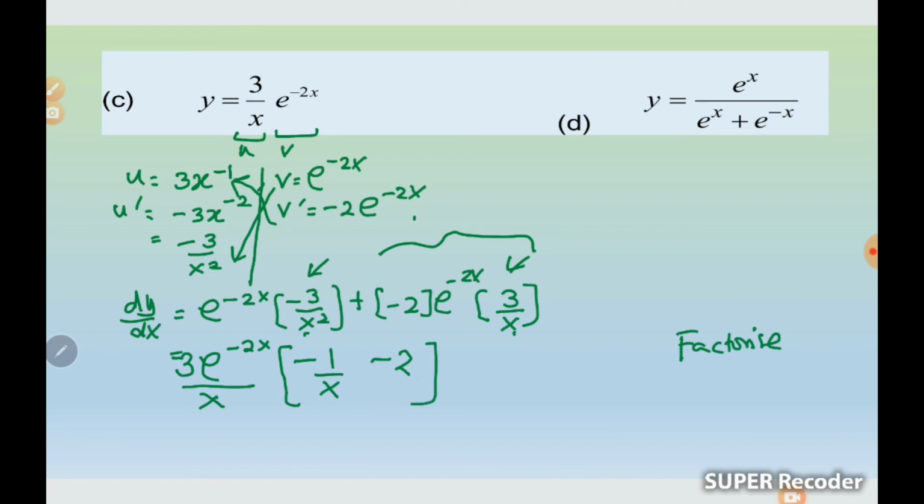Okay, we only have negative 2. So, final answer. Because we have both terms negative, we can also factor out. So we have negative 3x e to the power of negative 2x over x multiplied with 1 over x plus 2. So this is the simplest form.